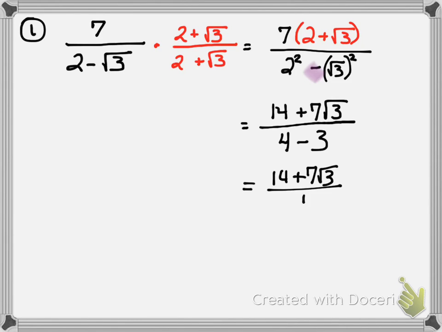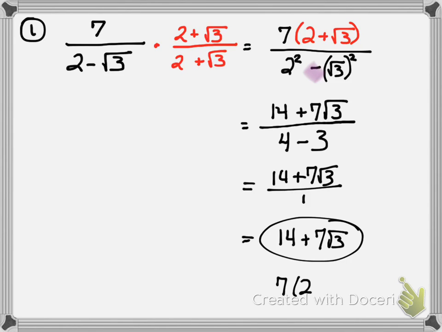Do I need to write it as divided by 1? No. And so we have 14 plus 7 on the square root of 3 as my answer. If you would have left it factored, it would have looked something like this. And I would have accepted that answer as well.